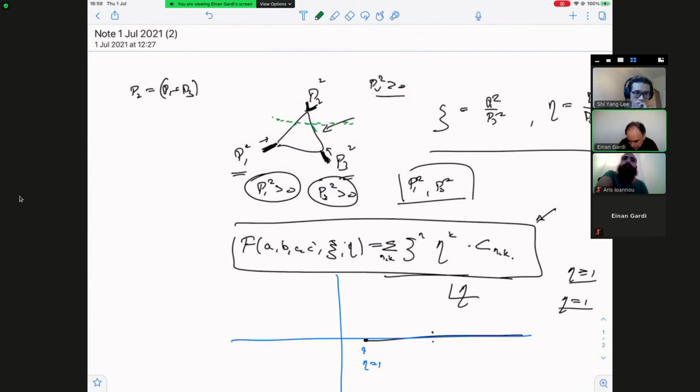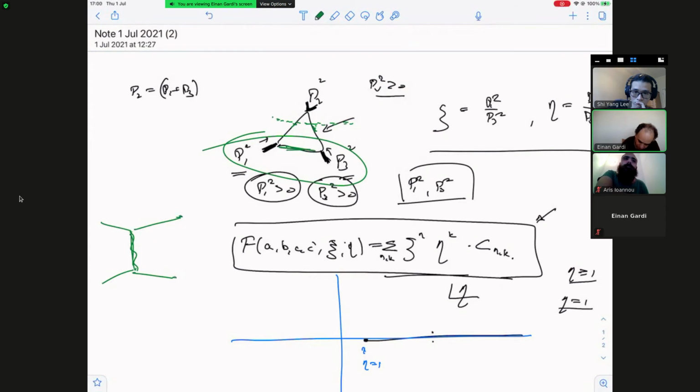And the answer is yes, it is possible that they would be on shell because there is some center of mass energy here, and with appropriate momenta, these can be on shell, just taking the momentum of these two.